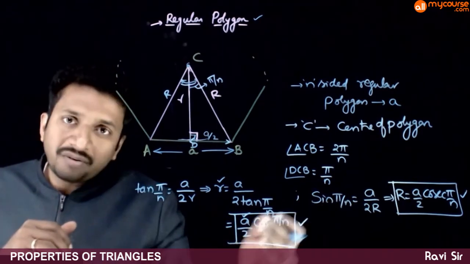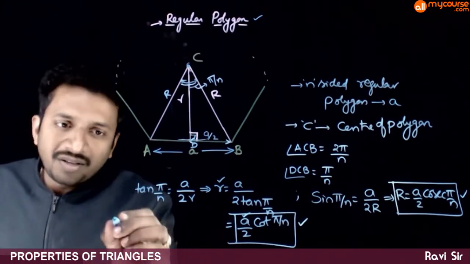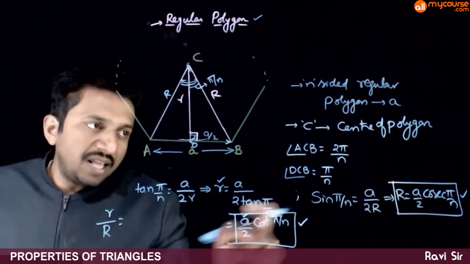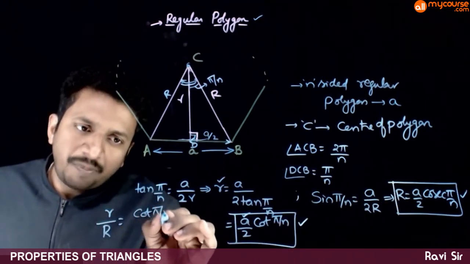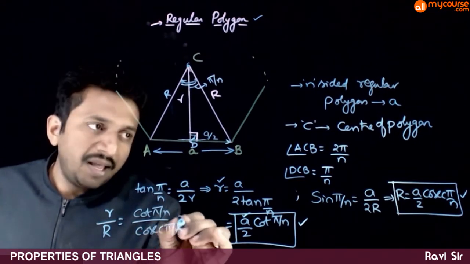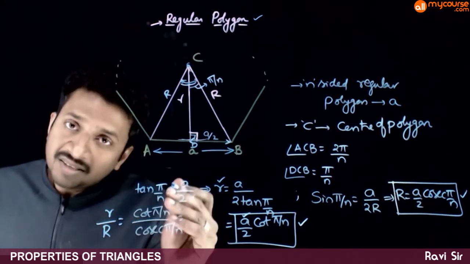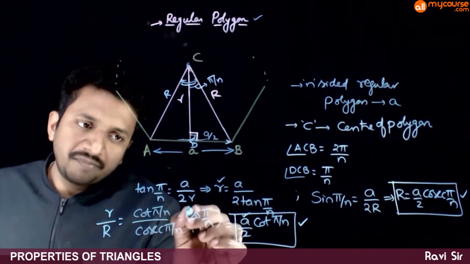So the ratio of the inradius to the circumradius. If you want small r by capital R, it is equal to, this A by 2 and A by 2 get cancelled, cot pi by n by cosecant pi by n. That is effectively cos by sine, divided by 1 by sine. Sine and sine get cancelled, and it is equal to cos pi by n.